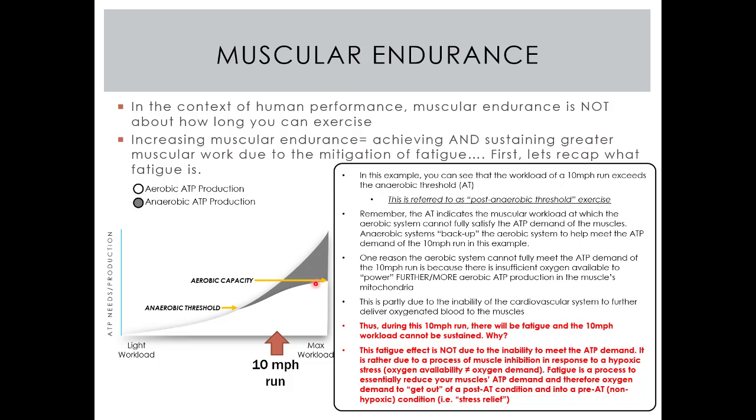This means that the gap between the oxygen that is available versus the oxygen that is needed gets larger and larger as intensity increases further past the anaerobic threshold. Now you can view the top of this white curve as the oxygen that is available, that is powering the aerobic ATP production. And you can view the top of this entire curve as the oxygen that is needed for the aerobic system to fully meet the ATP demand.